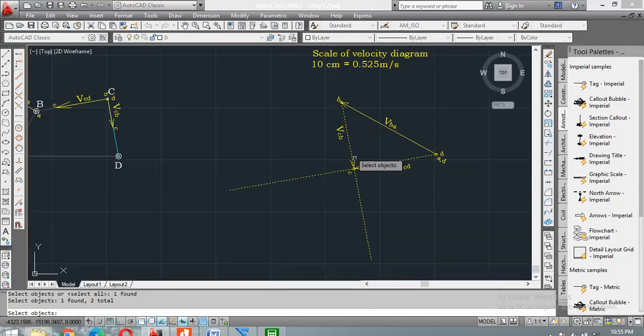So now our velocity vector is completed. Our complete velocity diagram is over.